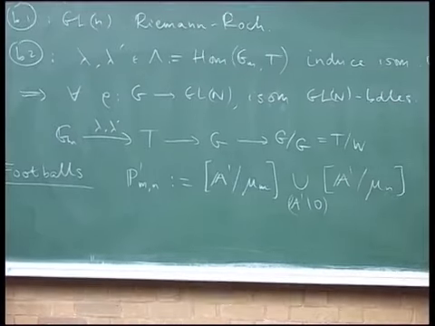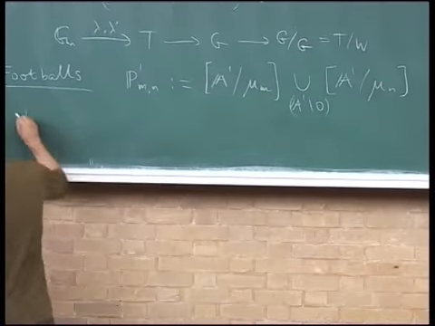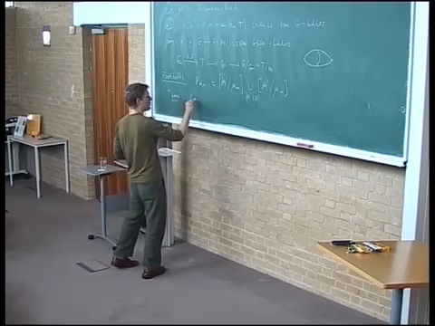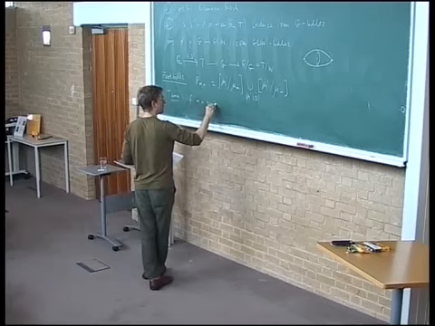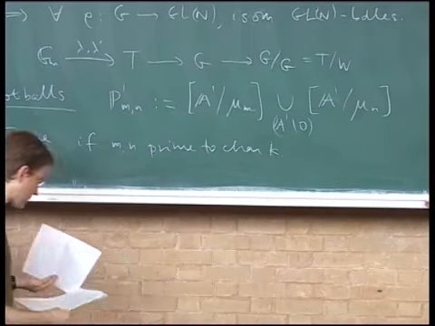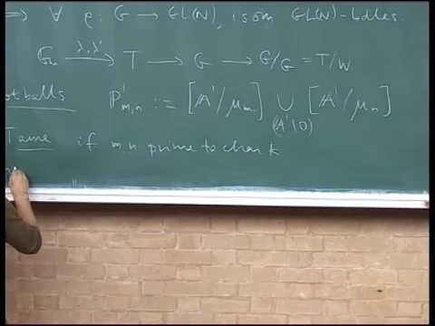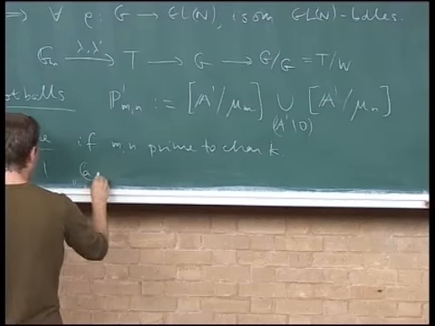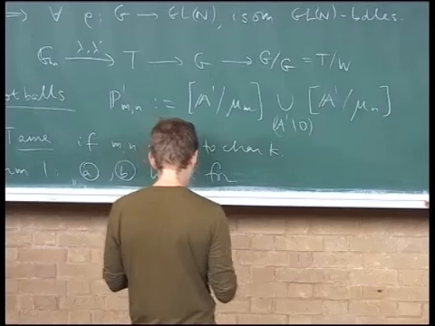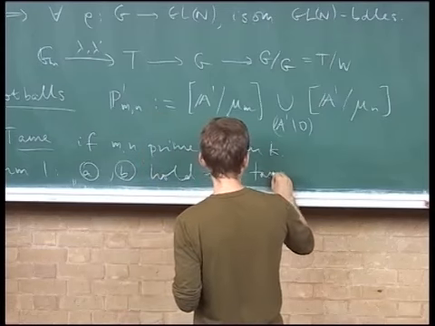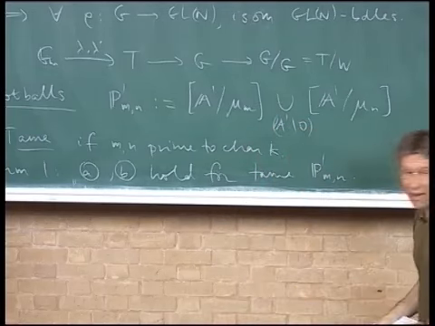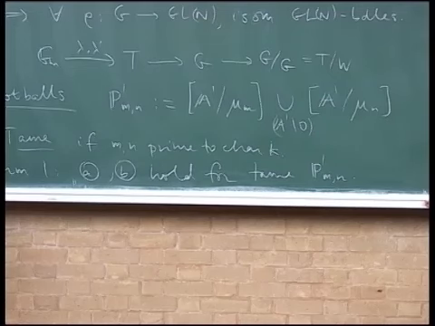Since I'm working over any field whatsoever, I should specify that a football is said to be tame if both of these stabilizers are prime to the characteristic. Then Theorem 1 says that A and B hold for tame footballs, but not wild ones.